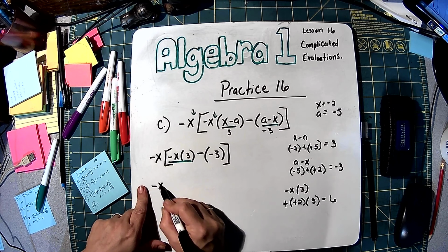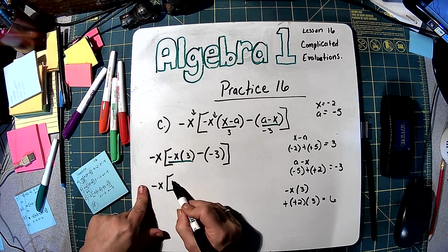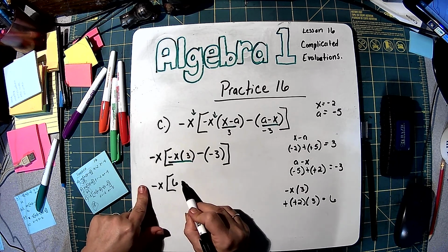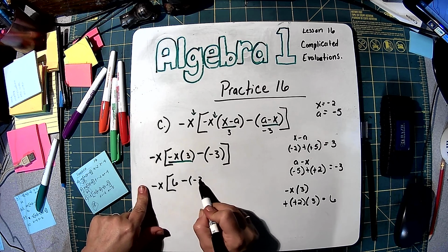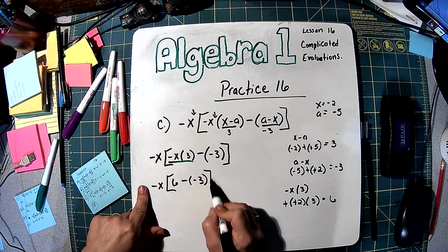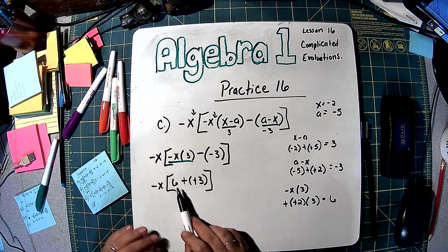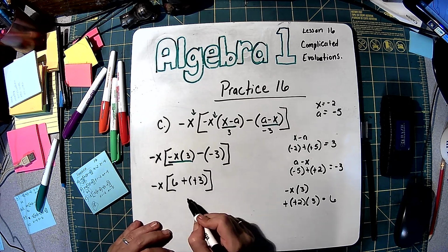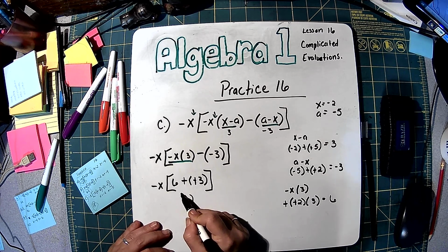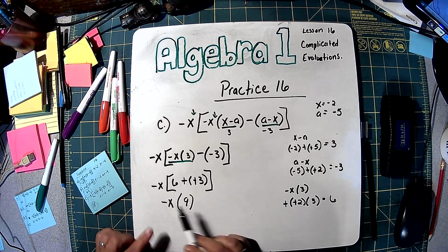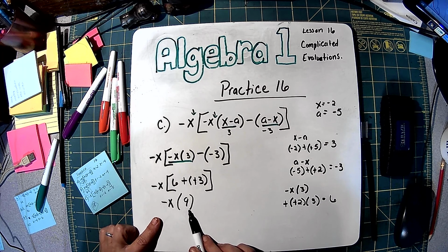So I've got negative x, and then all that underlined stuff is 6 minus negative 3. Negative times a negative makes a positive, so those cancel. So now I just have 6 plus 3, which would be 9. So I've still got negative x out here. So now I have negative x times 9.